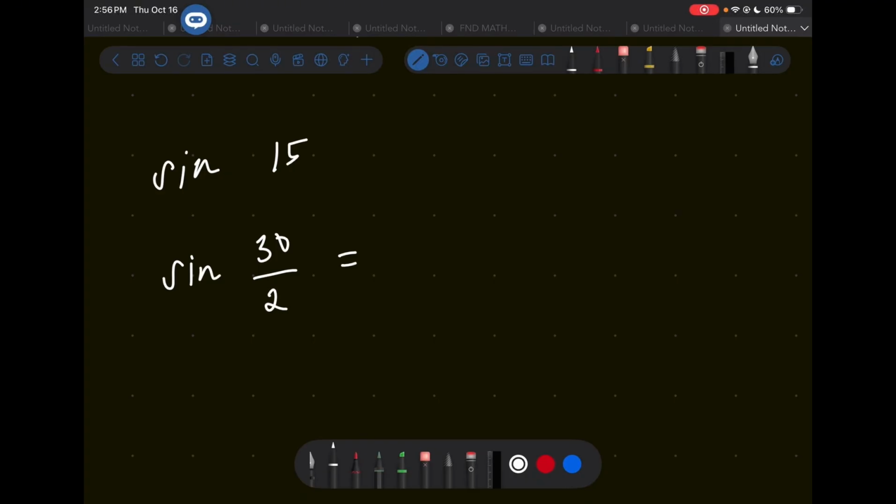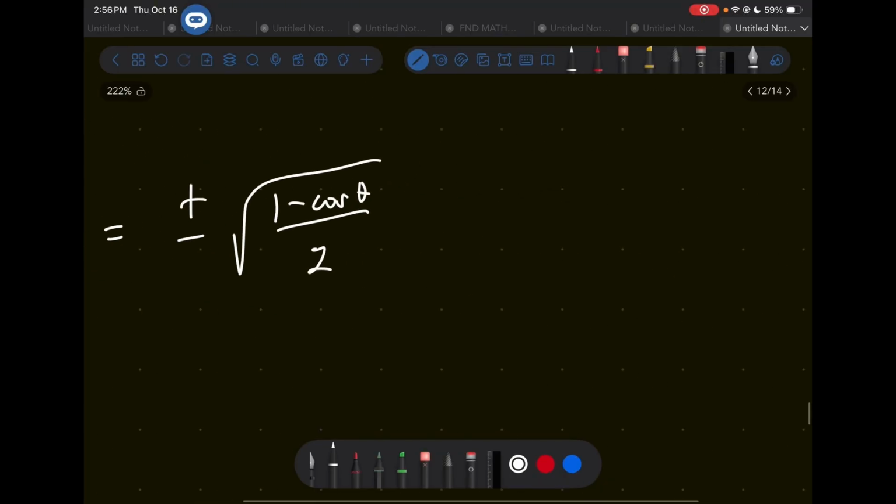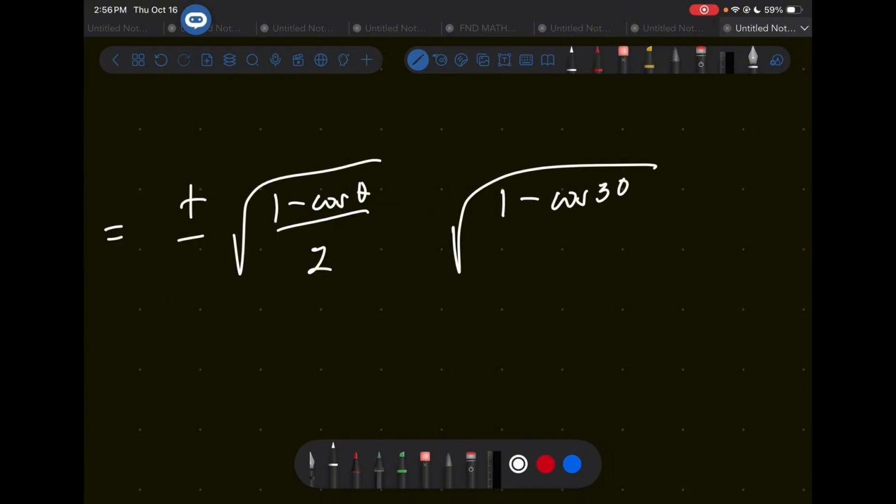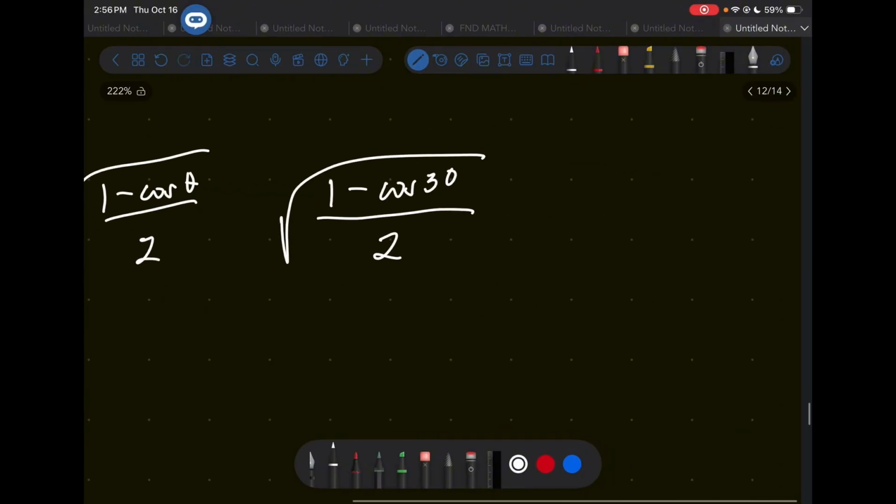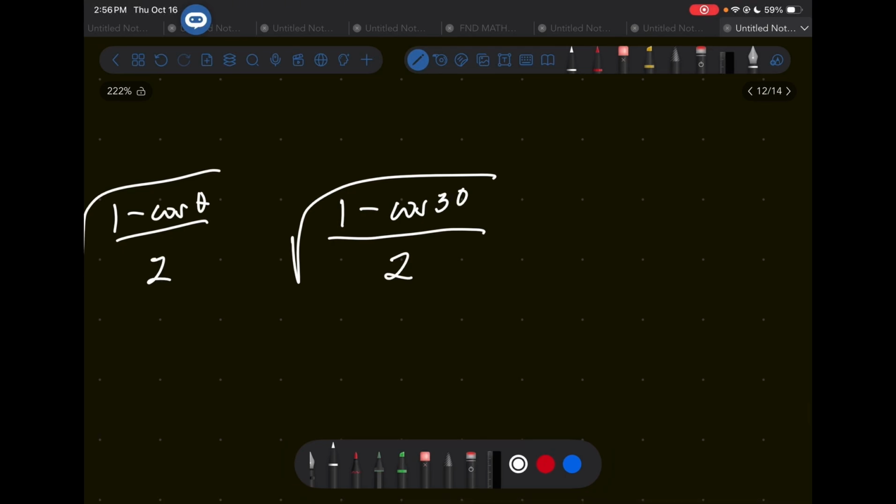And then we can rewrite this as plus or minus the square root of (1 minus cosine theta) over 2. Let's plug in the values. So we're gonna have square root of (1 minus cosine 30) over 2. And cosine 30 is just square root of 3 over 2.